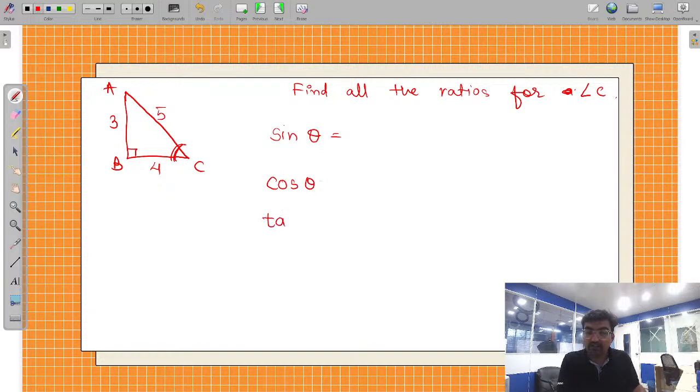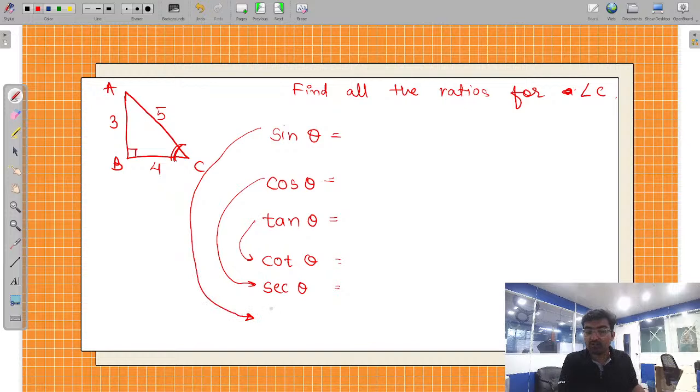Third is tan theta. Perfect. After that cot, which is the reciprocal of tan, then the reciprocal of cos is sec theta, since C's reciprocal starts with S. Perfect. See, you're getting it. And for S, its reciprocal starts with C, that gives me cosec theta.